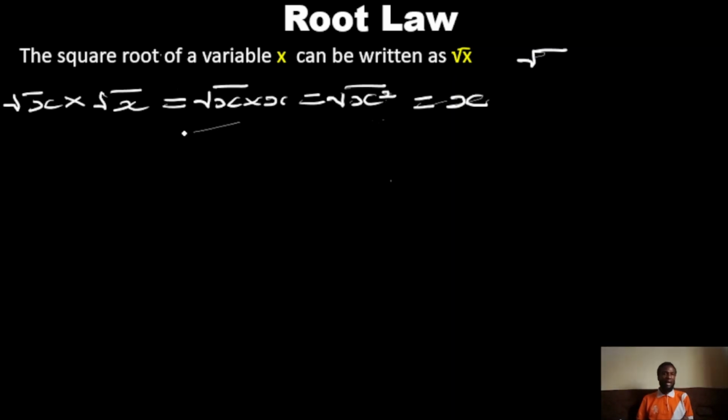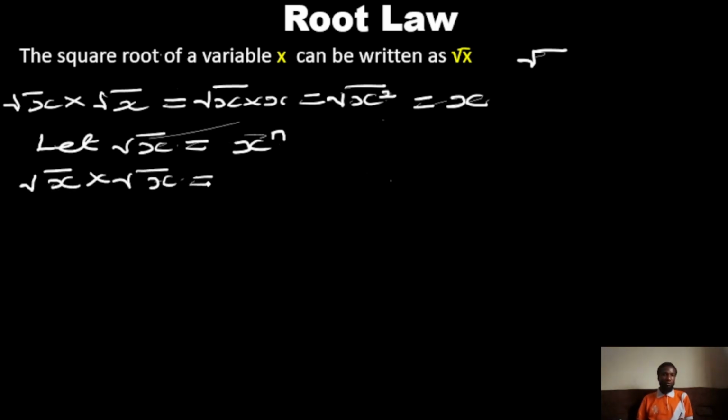We don't know. So let square root of x equal x raised power of n. So square root of x times square root of x equals what? Remember, square root of x is x raised power of n, and x raised power of n. That will give us x raised power of n times x raised power of n.